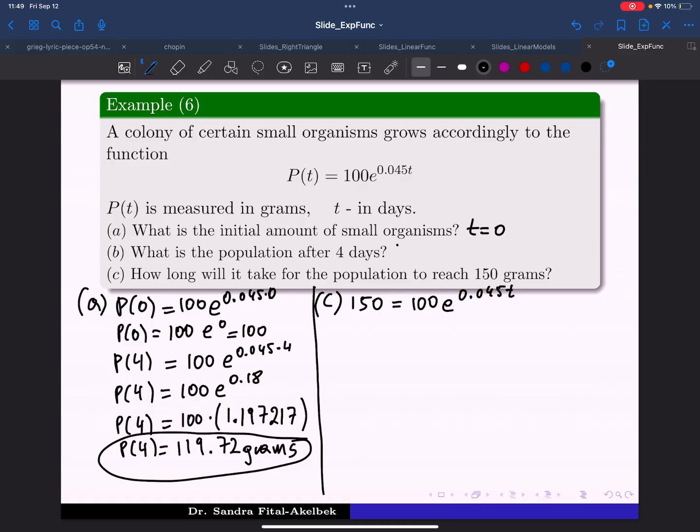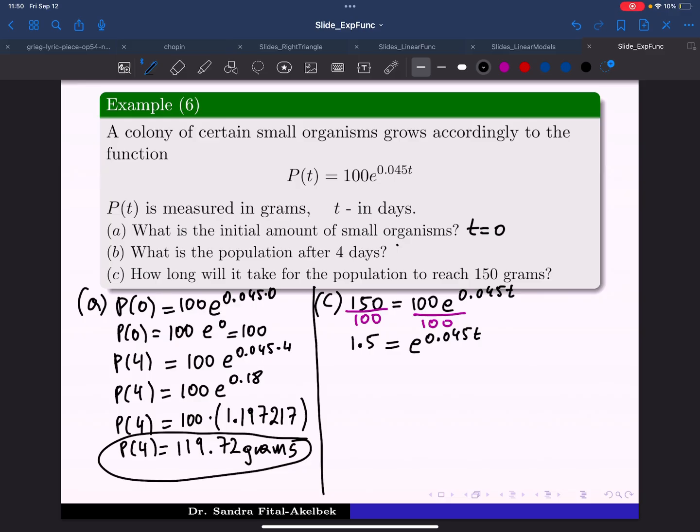As before, first we need to divide by this 100. So both sides divide by 100. So we have 1.5 is equal to e to the 0.045t.